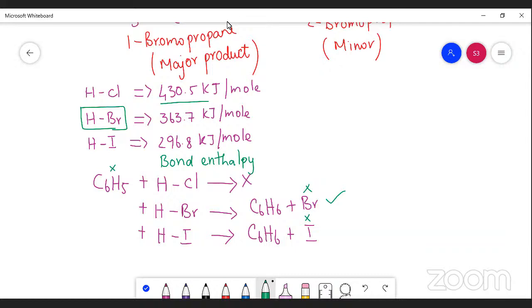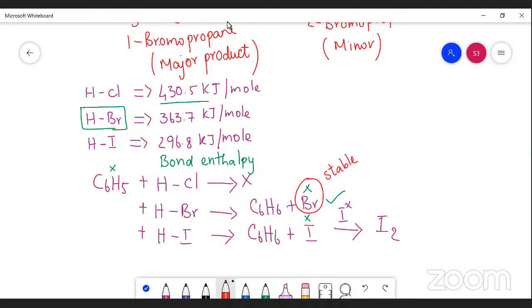But in the case of HI, the iodine free radical further reacts with the HI molecule, and I2 is easily formed. But in the case of the bromine free radical, the bromine molecule is not easily formed. So it is a somewhat stable free radical.